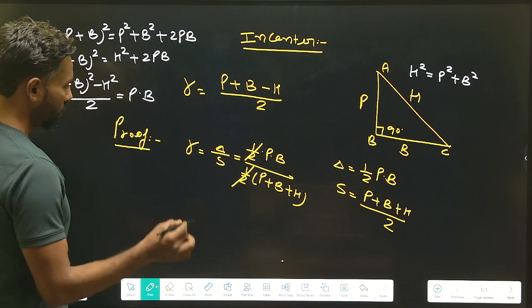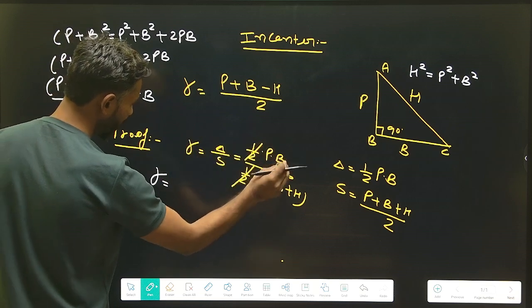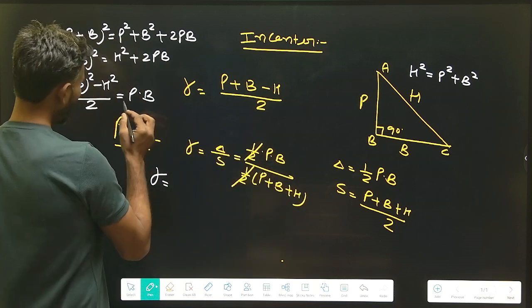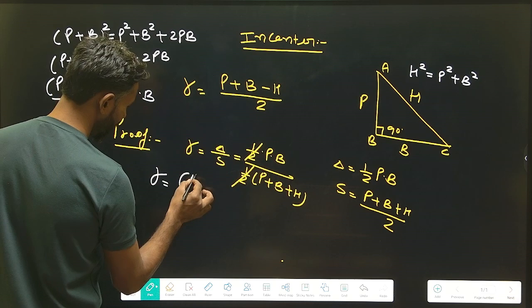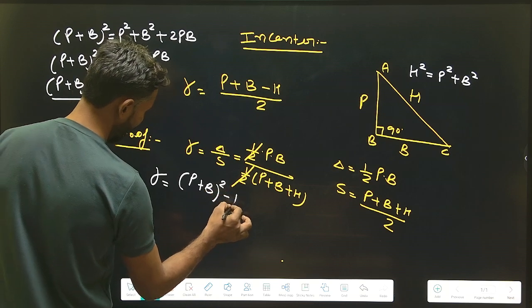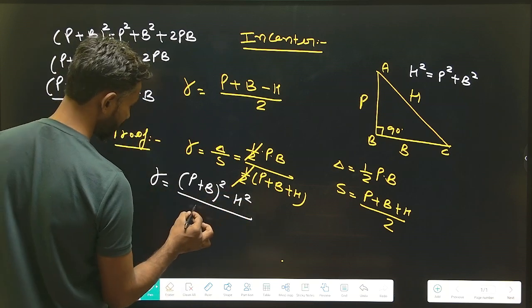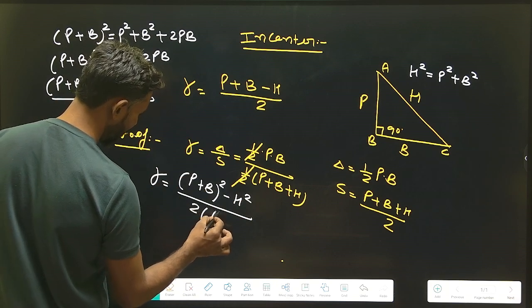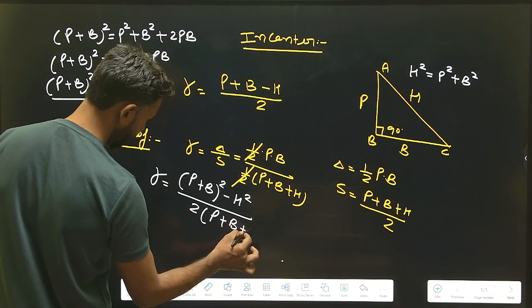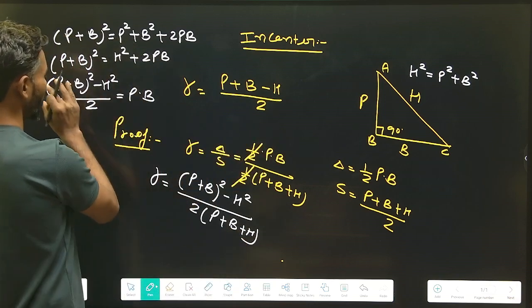So as we know that r equal to p into b upon p plus b plus h, we can say that r will be equal to p plus b whole square minus h square upon 2 within bracket p plus b plus h. I just replaced perpendicular into base with this particular derivation.